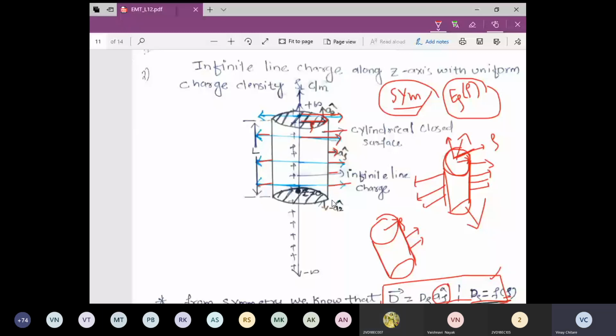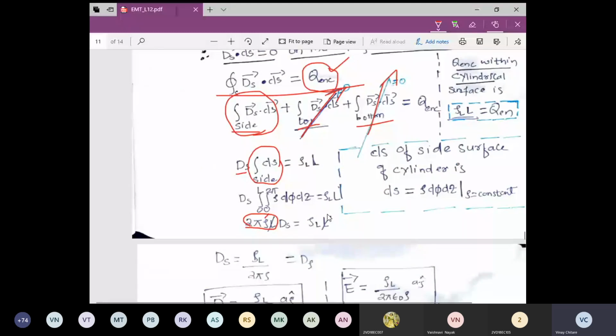So this much length of the line charge is trapped inside the Gaussian surface, and the total charge on this length L of the line is rho L into L, and hence the Q enclosed is rho L into L.